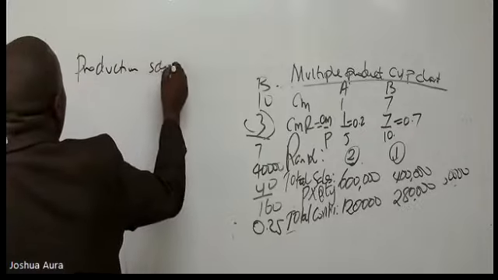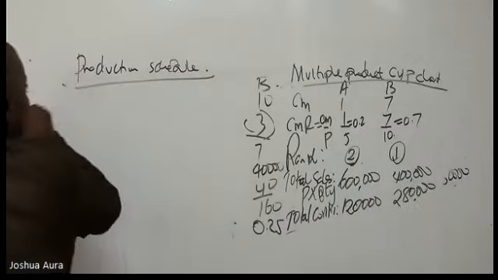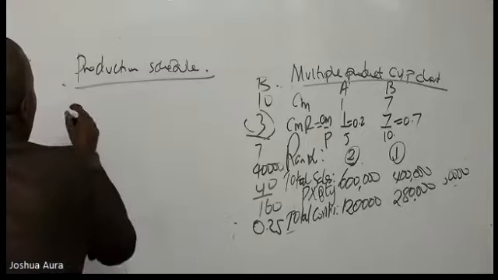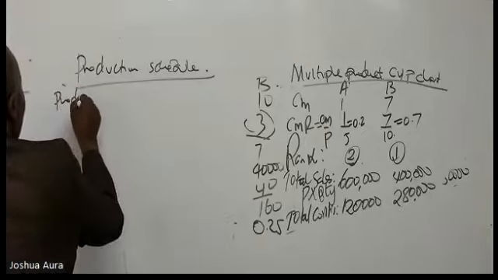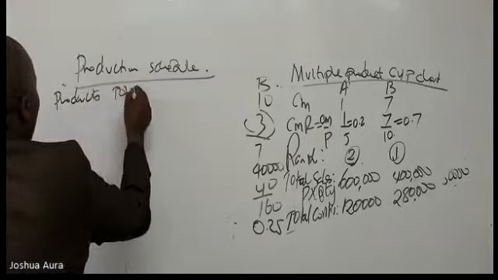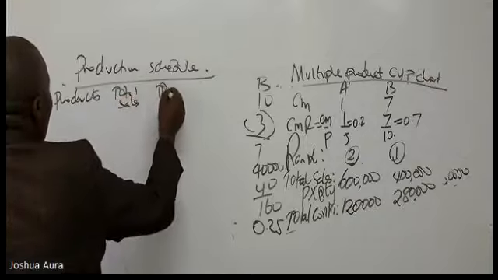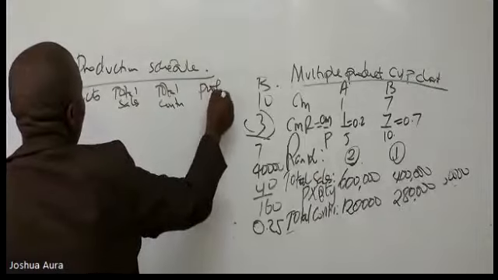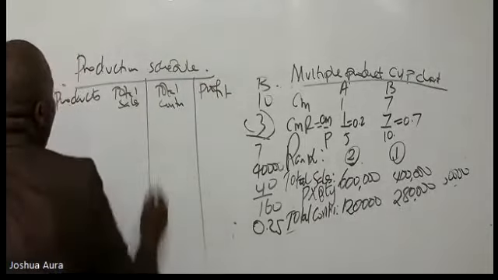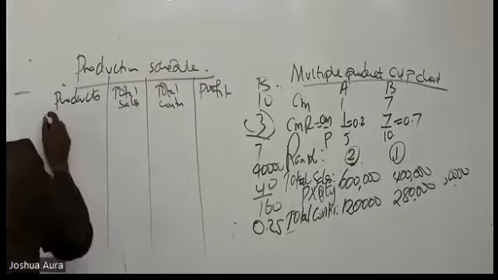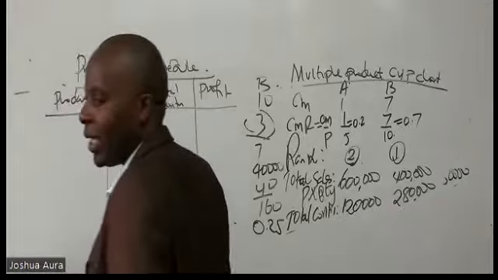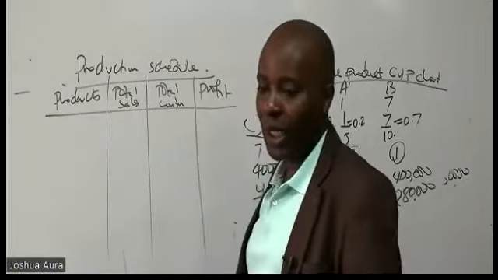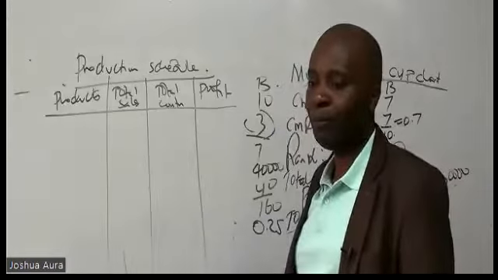So a production schedule, we have in this case here products, total sales, total contribution, and then profit, just like that. Very easy like that. I love it when it's a 2-product case.